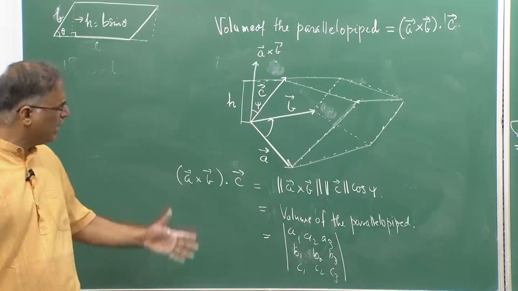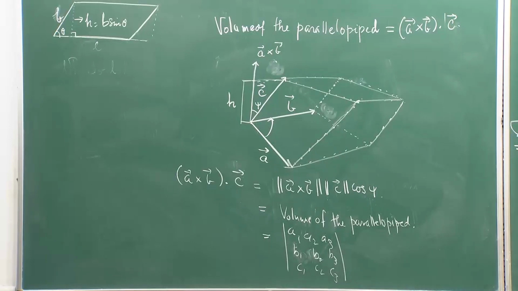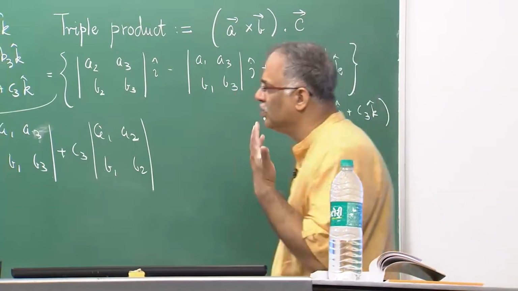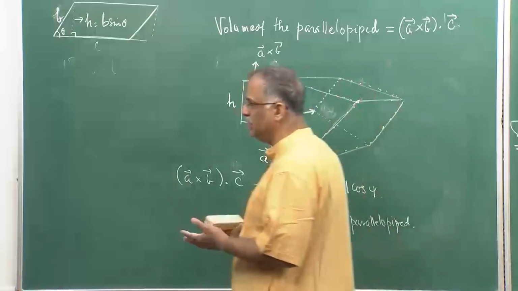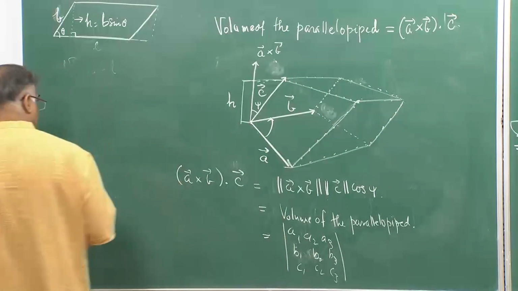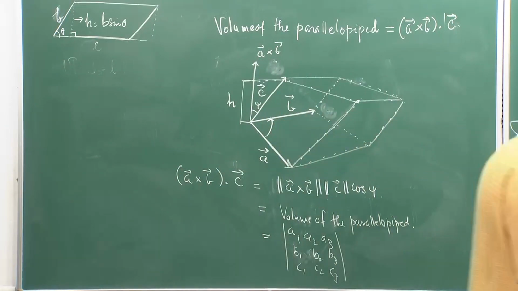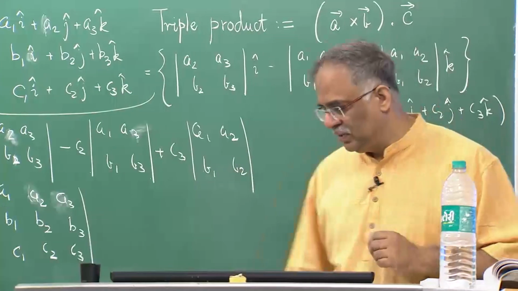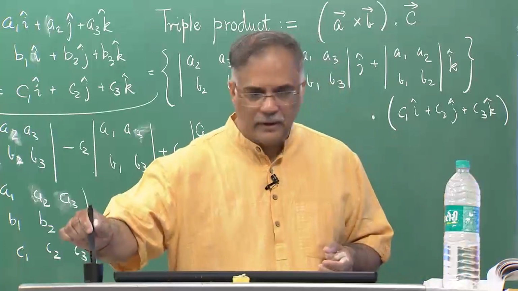So this 3-dimensional determinant represents the volume of a parallelepiped, and a 2-dimensional determinant represents the area of a parallelogram. So here geometry, both 3 and 2 dimensional, is linked to the notion of determinant. So algebra and geometry are linked, and that is exactly what all mathematics is about, that algebra is somehow geometry and geometry is algebra. Once you get a feeling about this, then you will start enjoying mathematics.